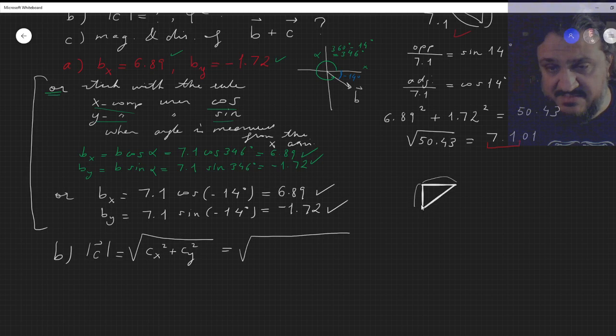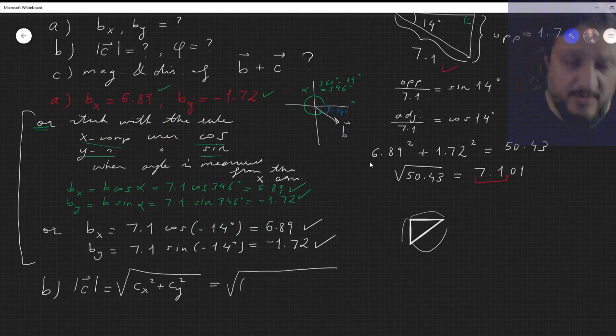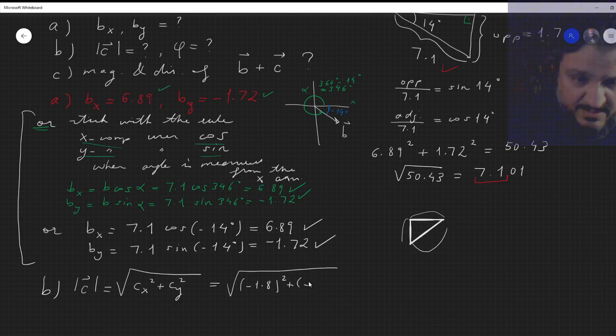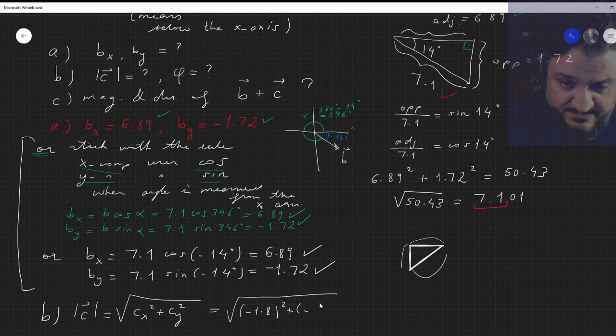This squared plus that squared equal to the hypotenuse squared, okay? Either way, okay, let's use the coordinates. Cx was negative 1.8, squared, and the y component was negative 6.7 squared.